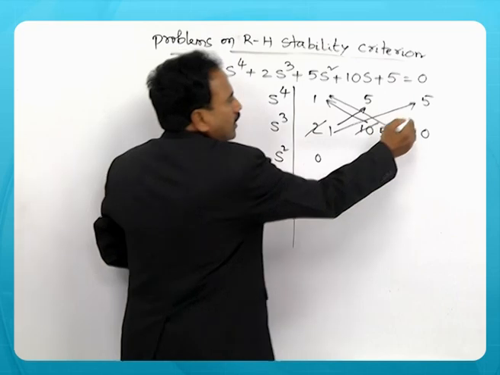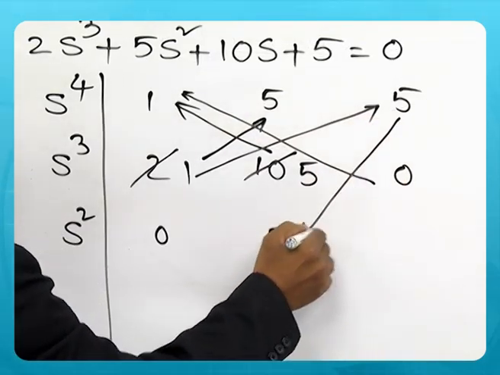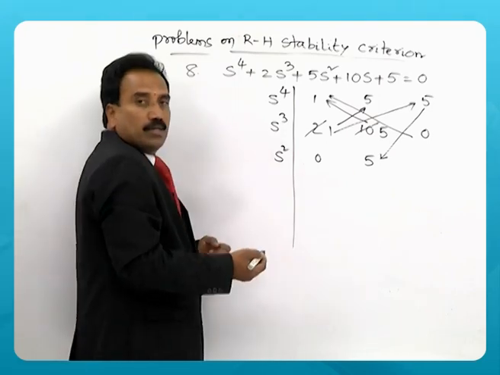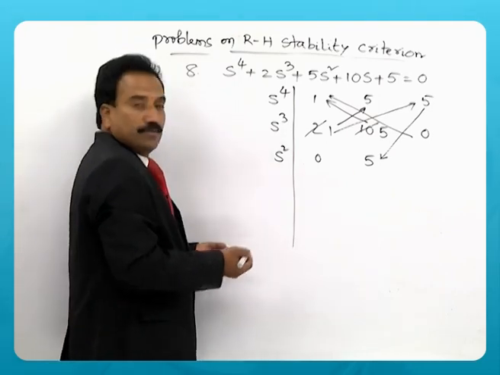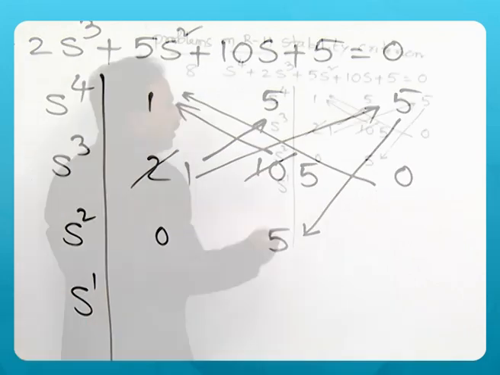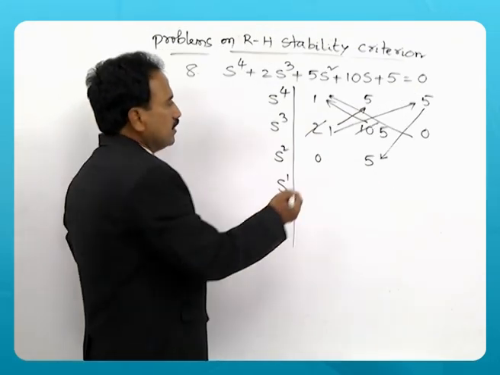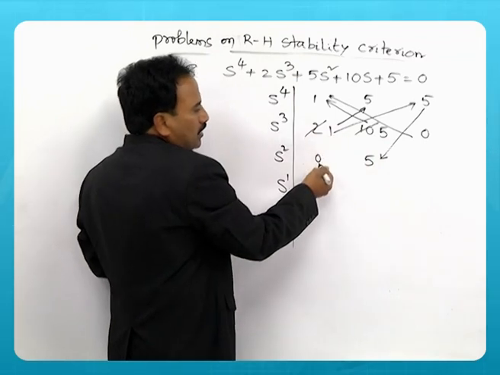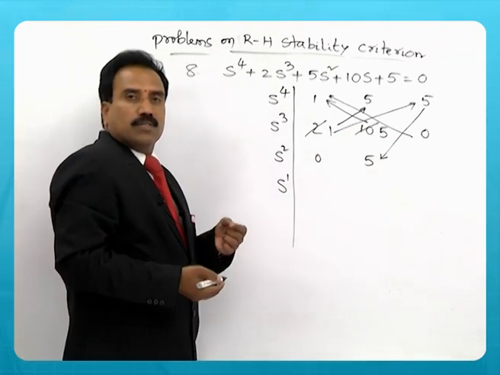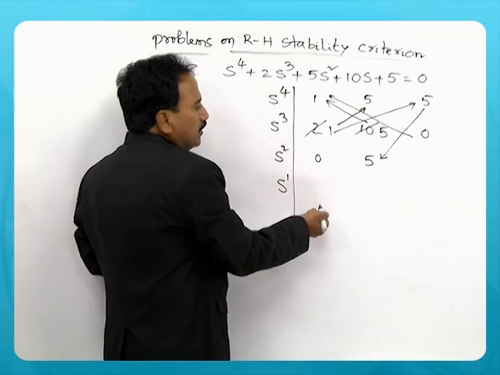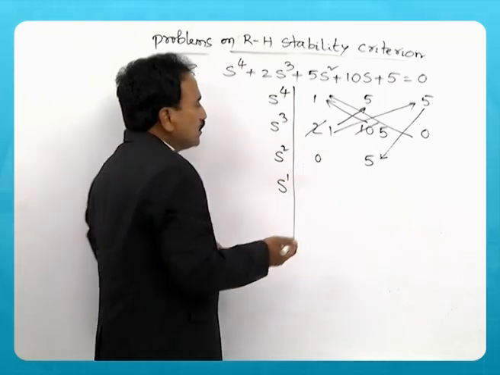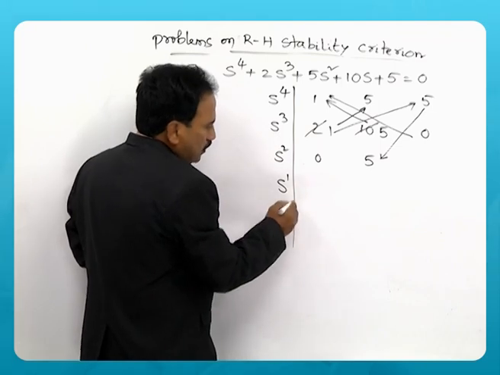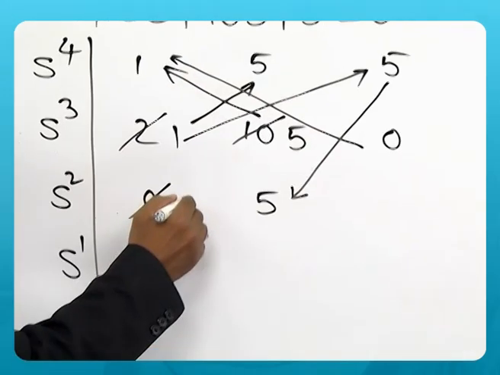So the same 5 is to be got here. That means your approach is right. Then for the s power 1 row, to obtain this you can't do this product because there is a 0 in the first column. When it comes in the denominator it becomes infinite. So this 0, to continue the table till the s power 0 row, replace this 0 by epsilon.